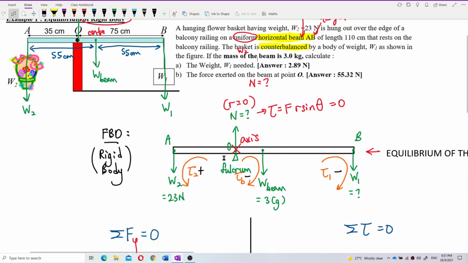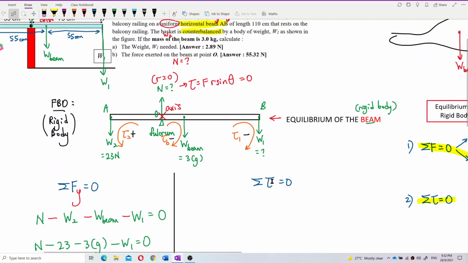The basket rotate anti-clockwise, but the weight 1 rotate clockwise. So it's counterbalanced. The basket also counterbalanced by the weight of the beam. Not just counterbalanced by weight 1. This weight 2 also counterbalanced by the weight of the beam. Okay? So then only become the total torque equal to 0. Total torque equal to 0 because their torque are counterbalance each other.